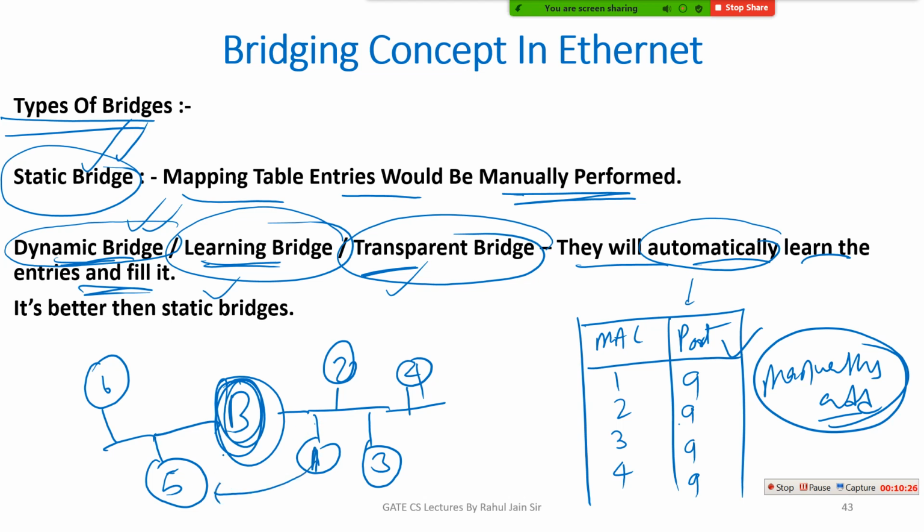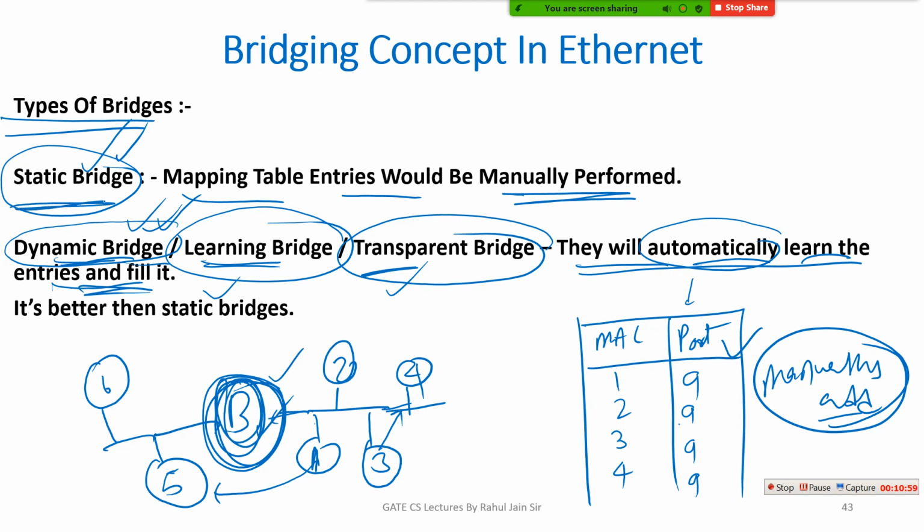So when 1 sends data to 5, it will automatically learn one by one when the machines get used in this network. So in a dynamic bridge, the bridge will automatically fill the entries in the mapping table based on the communication that will happen. So suppose 3 is sending data to 4. So 3 and 4 will be on the same side of the bridge and it will fill the entries in itself. So automatically it will get filled.